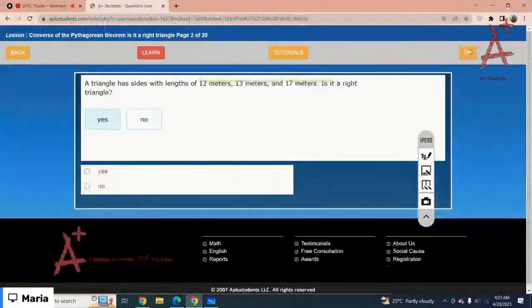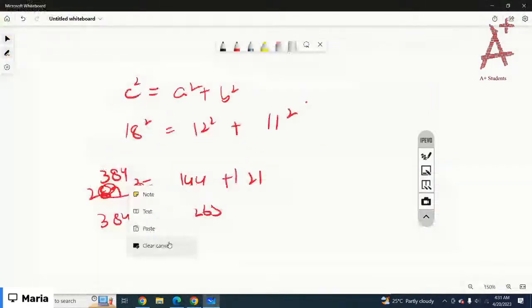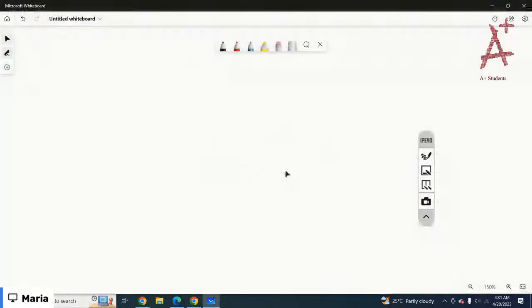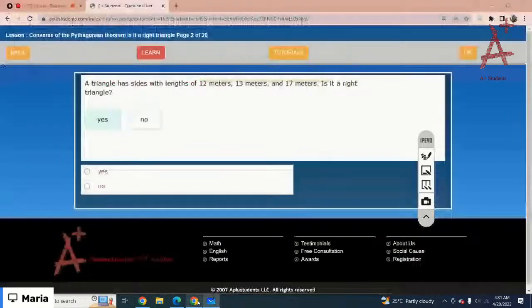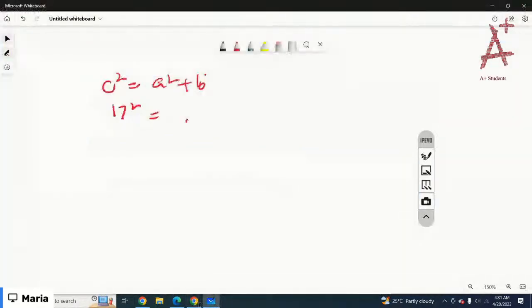Okay, the next one: our triangle has side lengths 12, 13 and 17. The longest one is always the hypotenuse. So it would be 17 square equals 13 square plus 12 square.